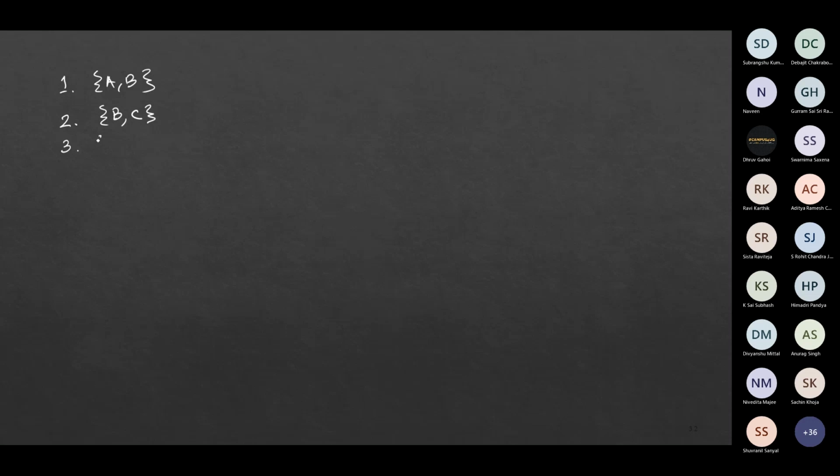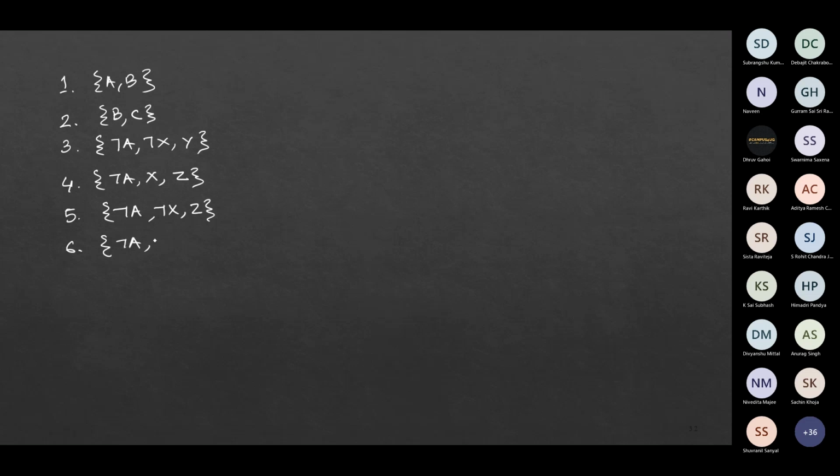A B, B C, not of A, not of X, Y, not of A, X, Z, not of A, not of X, Z, not of A, X, not of Z, then 7 we have got not of A, not of Y, not of Z, right?